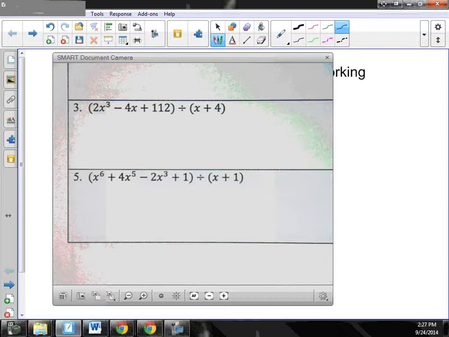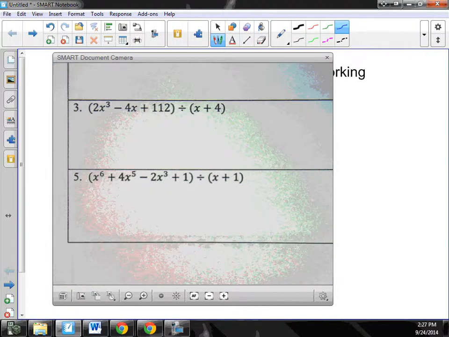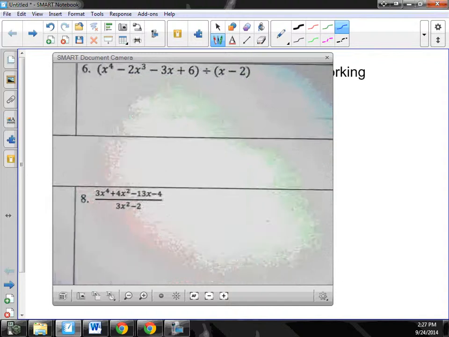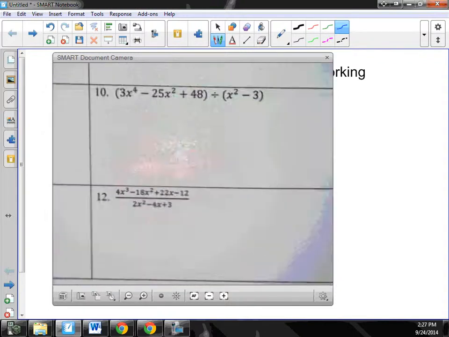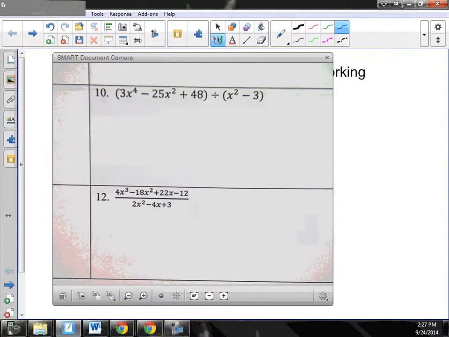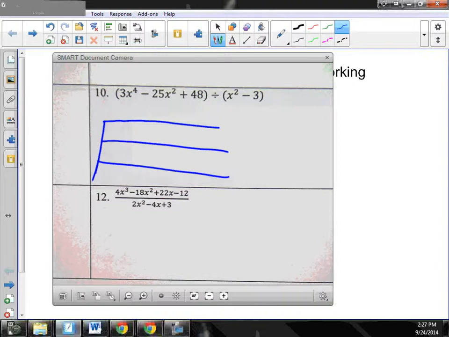Okay, what if you're missing a 0 in the denominator? That's different. For example, look at number 10. So how many rows is this going to have? 3. And you might ask, well, you won't ask yet, but eventually you're going to ask why we even bother.